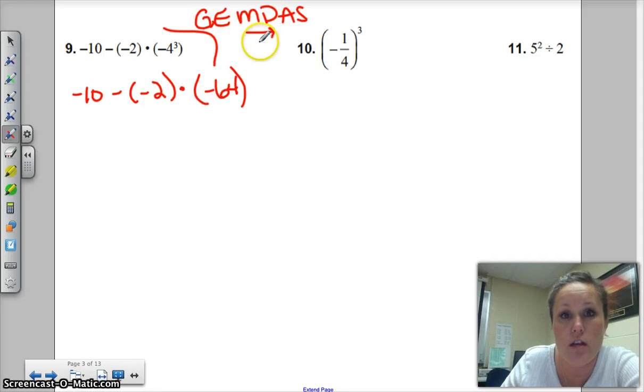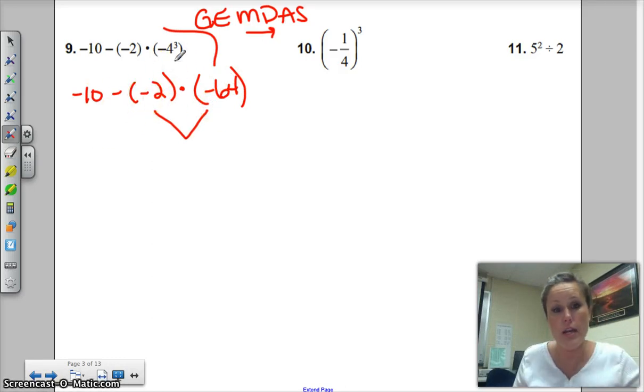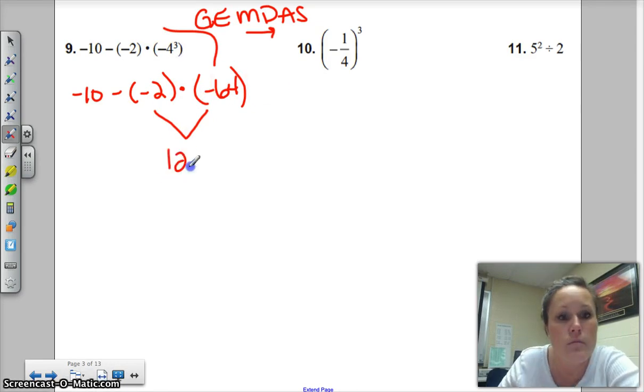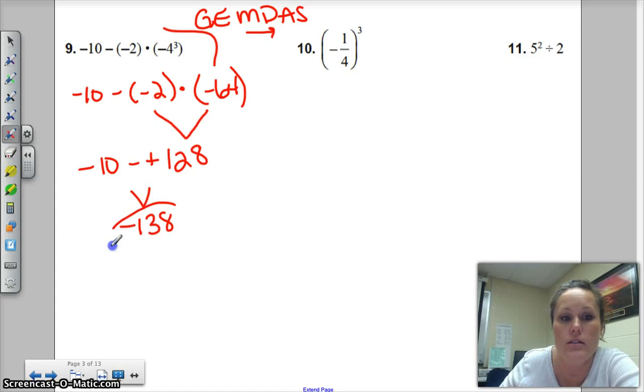Multiplication and division comes first in my problem, so I have to do that before I do 10 minus negative 2. So negative 2 times negative 64, I know I should be able to do this in my head, 128 and a half, Richardson, is positive 128. But I'm going to bring down my minus 10 and my minus sign. So this basically is 10 minus 128, which is negative 138.